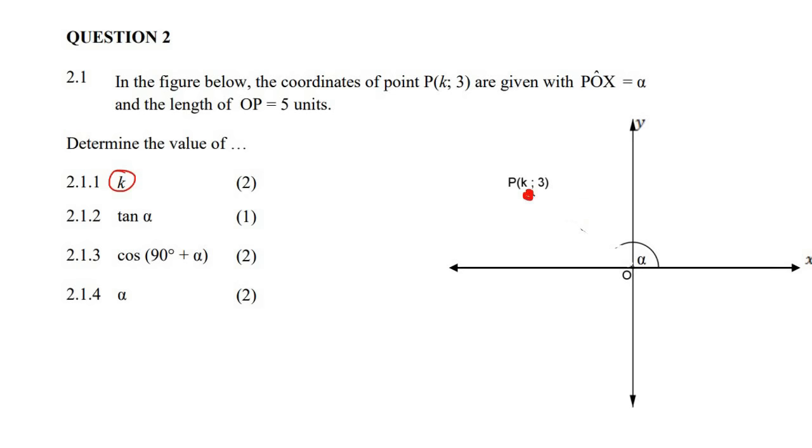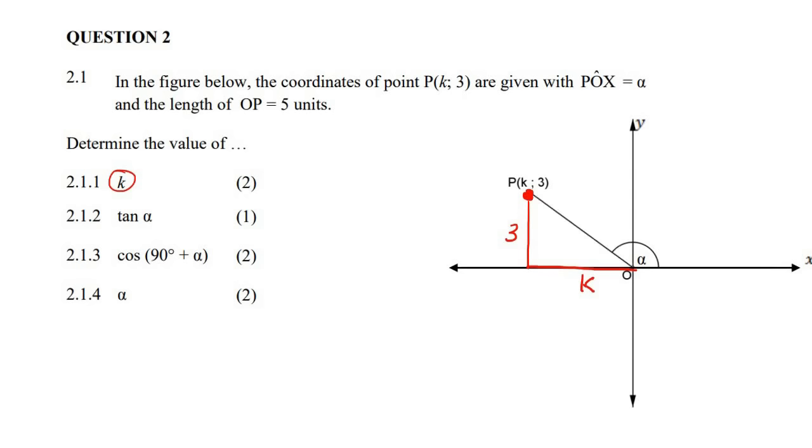Then this vertical length would be 3, because that is a y value of 3. And then this length over here, for example, if this was, let's say this is -2, then you would say that this length is -2. So we could put k over here. So k is over there.